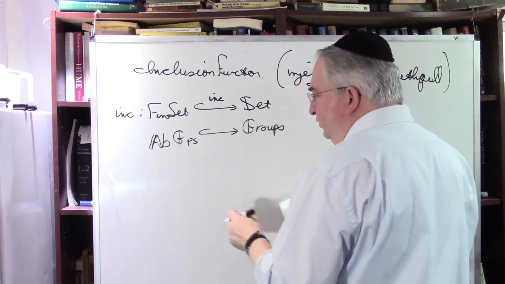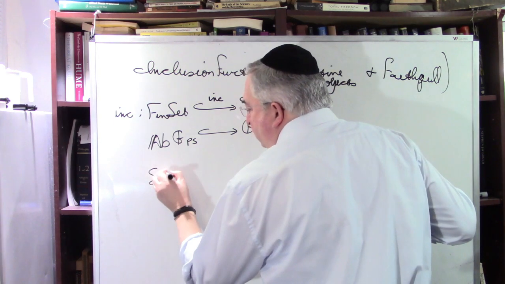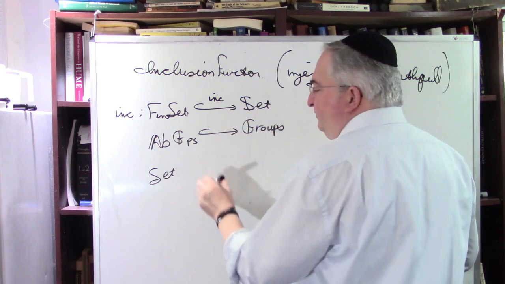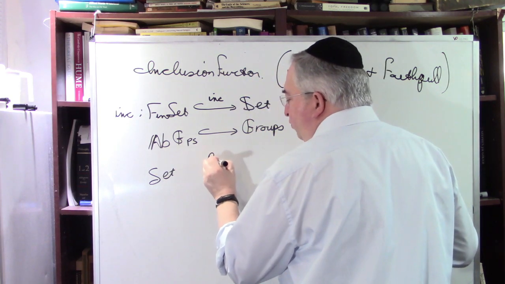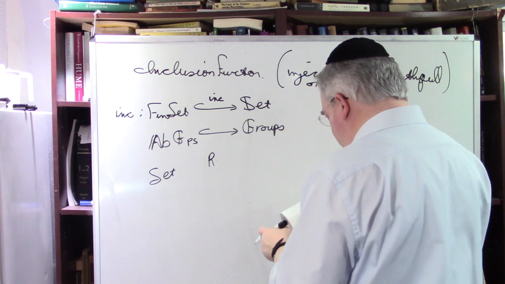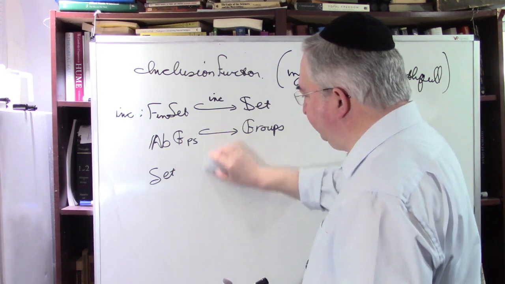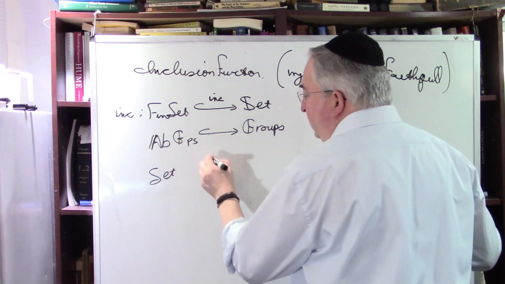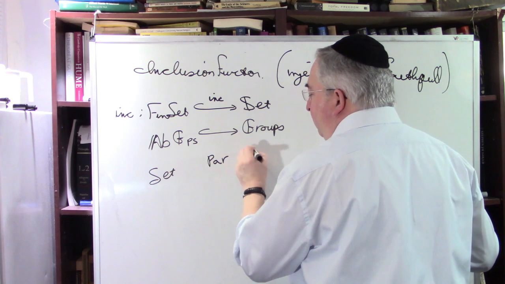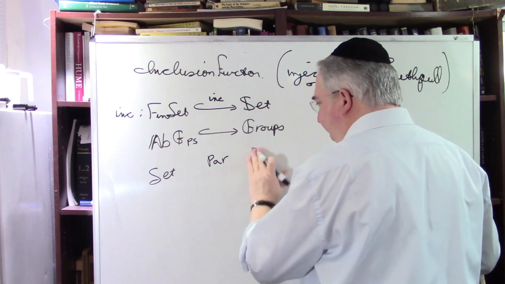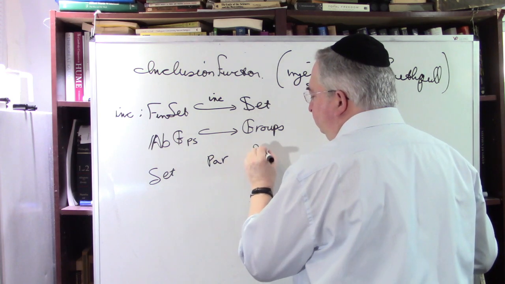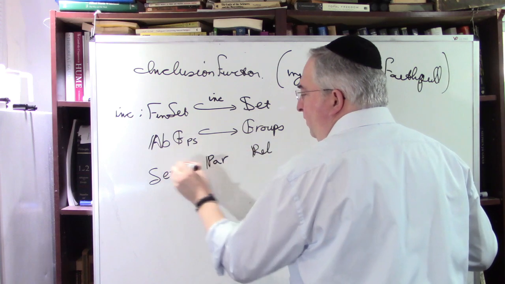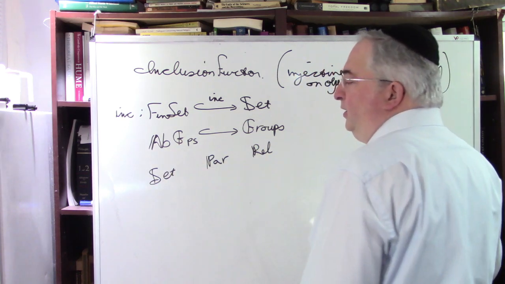Okay, let's do some more. We saw this before, but we didn't see them as functors. We had three different categories, and we'll remind you what each one is.